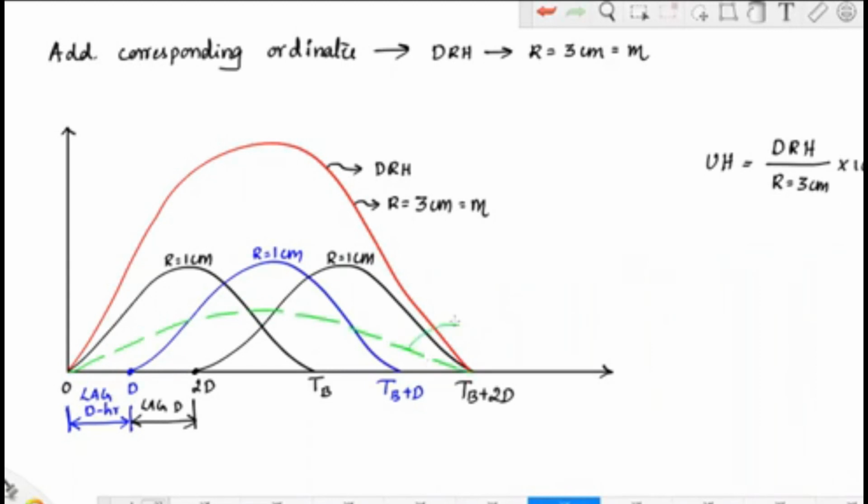This will be your MD-hour unit hydrograph. So these are the steps. While drawing, you have to provide the lag properly. The lag should always be D hours. Providing the lag is important. Then the resulting DRH will have an R value of M centimeter. Those two points you have to remember.